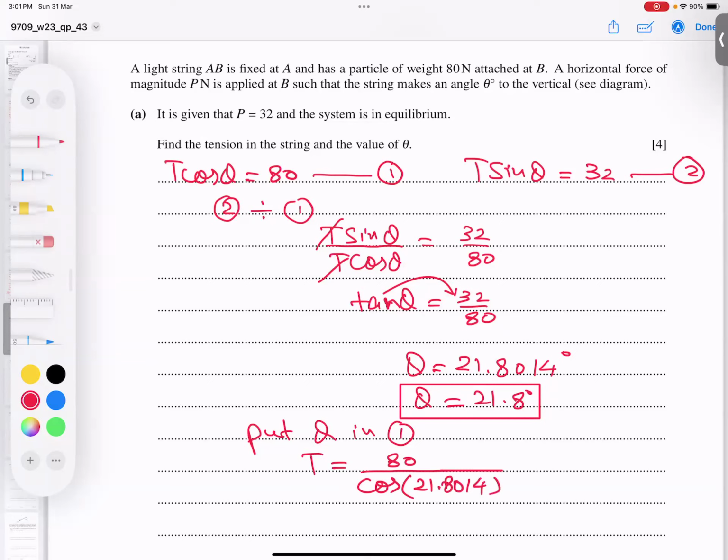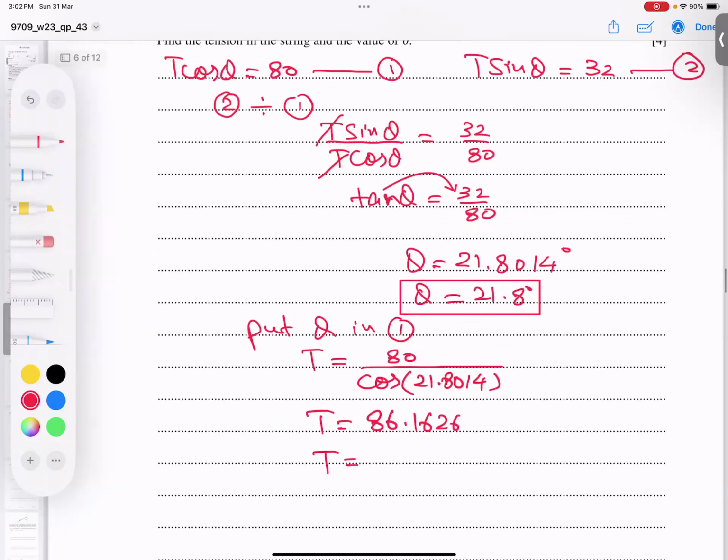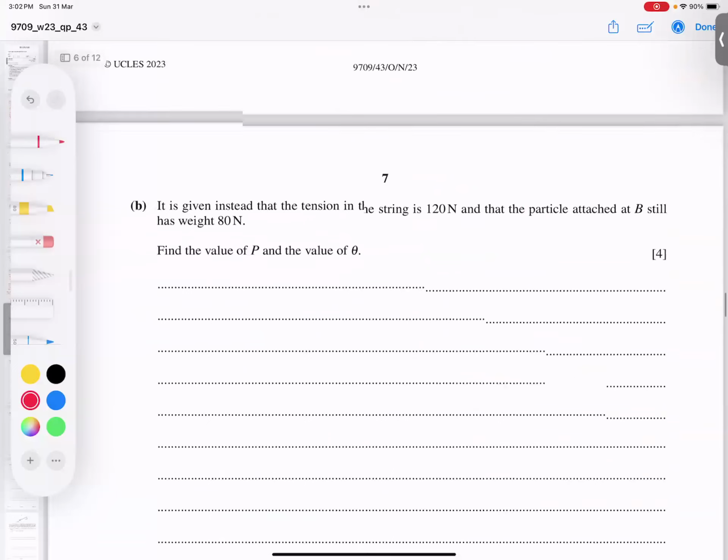When I divide it, what does the answer turn out to be? We're getting here 86.1626. After rounding to 3 significant figures, we get 86.2. So I believe this point is very clear. Alhamdulillah Rabbil Alameen. Let's go for the next part.